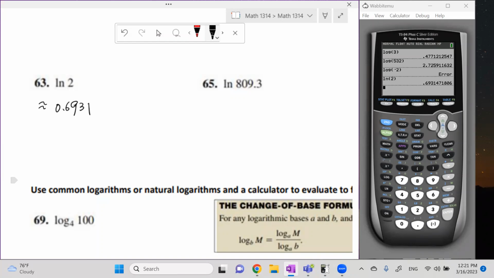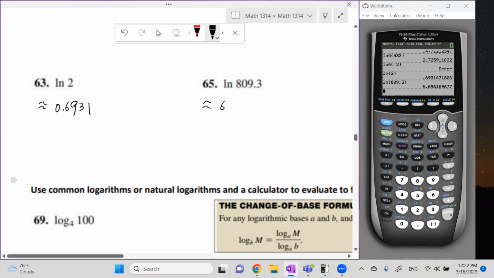How about the next example? ln 809.3. Close the parentheses, hit enter. We are having 6.69617. Am I right? No. I only need to keep 4 decimal places.